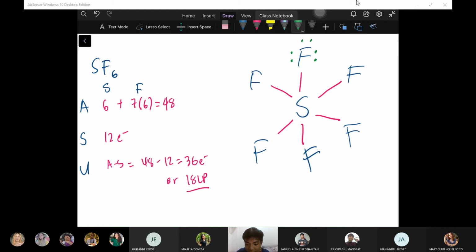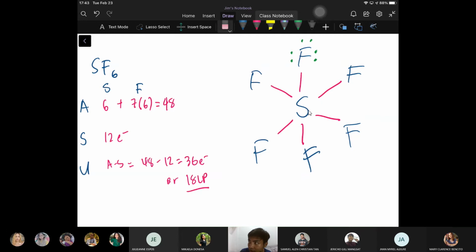So for the other fluorine atoms, the same logic is true. So yung mga fluorine atoms na to, tig-single bond sila with the central atom. So that means kulang pa sila ng tiga-6 na electrons or 3 lone pairs. So I'm going to distribute all the terminal atoms with 3 lone pairs.